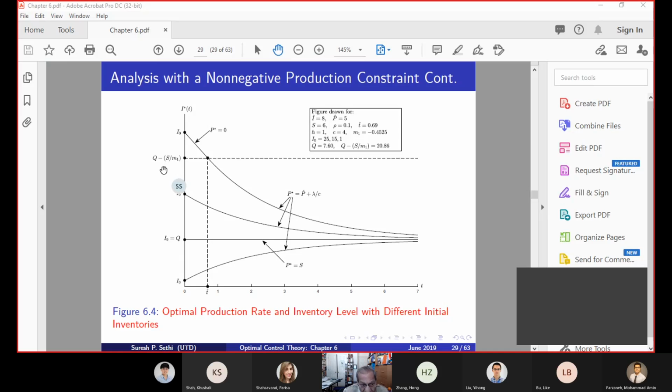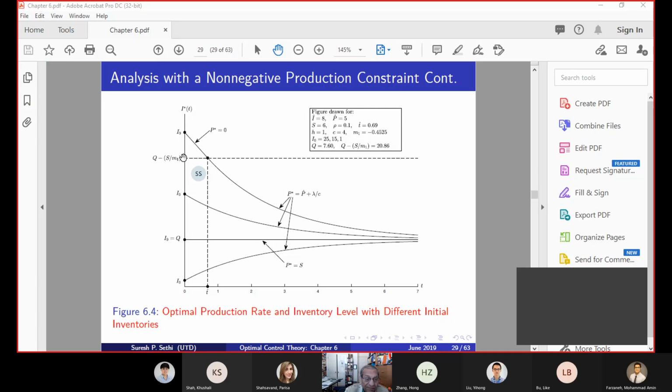Okay, but then t hat is just some time. So if I begin the problem at t hat with this inventory, I will be in the case where inventory is at this point at time 0.